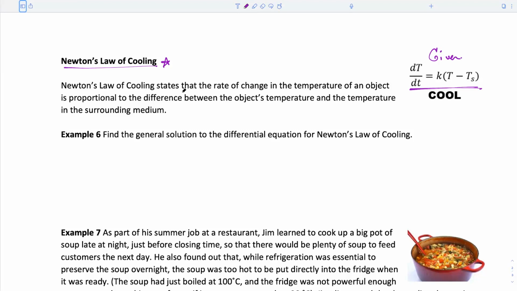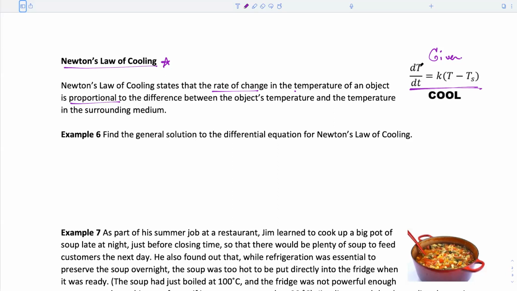But Newton's law of cooling states that the rate of change in the temperature of an object is proportional to the difference between the object's temperature and the temperature of the surroundings, right? So if you put a bowl of soup on the kitchen counter right next to the stove, it's gonna cool much slower than if you put it in the freezer. That's the idea.